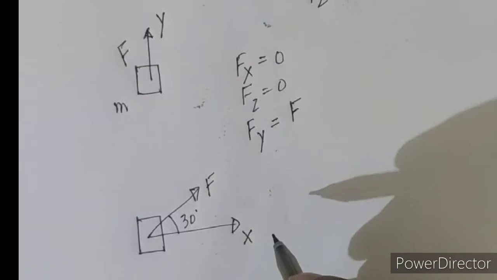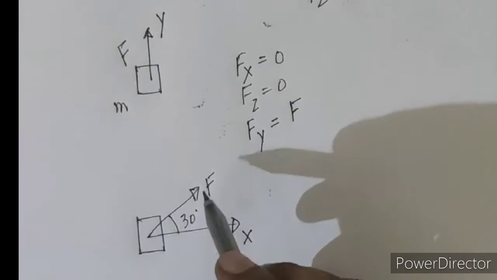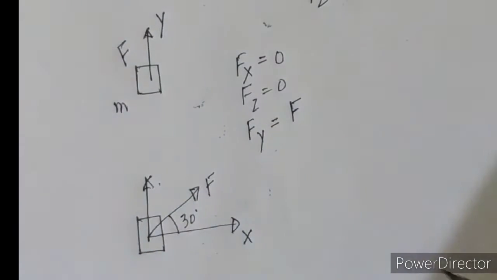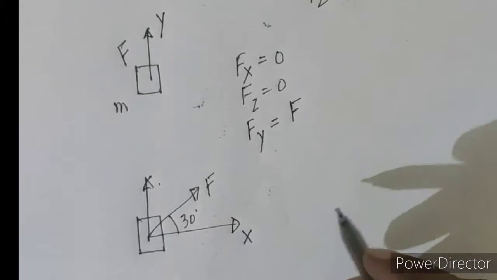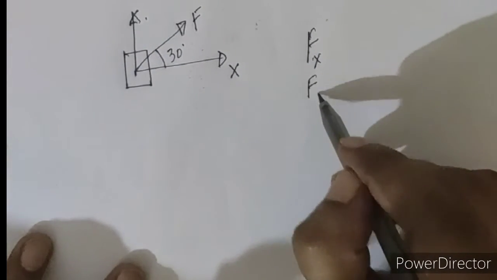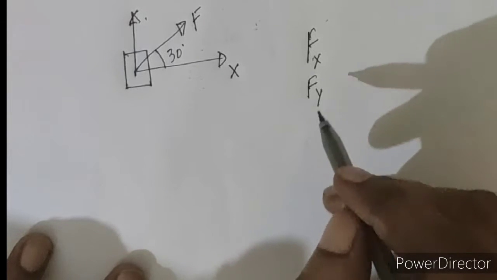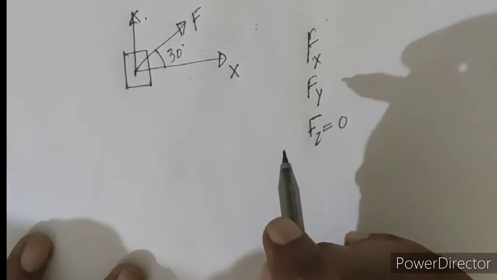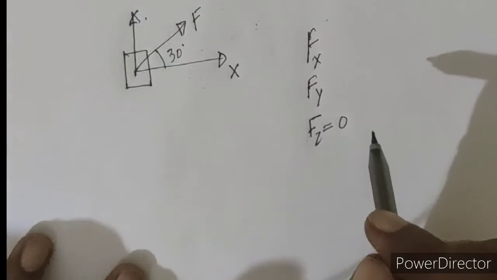So we will now have two components, and say this force is being applied in the xy plane alone. One will be Fx, another will be Fy, and Fz will be 0 because the force is being applied along the xy plane.